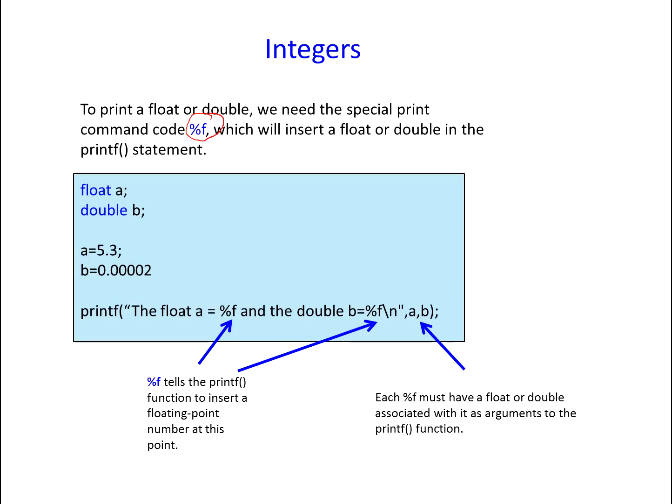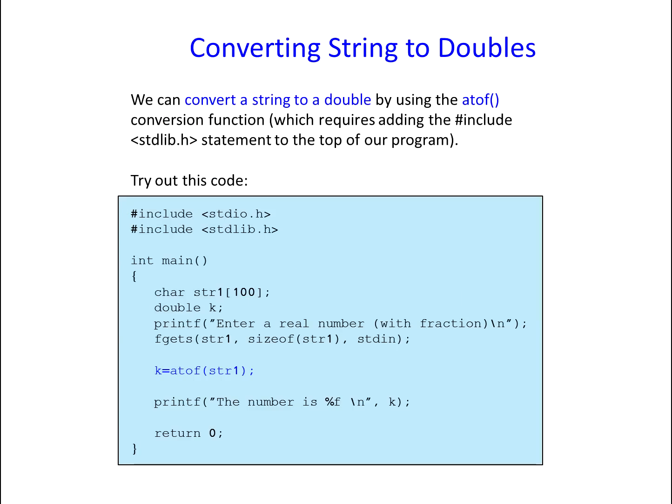It's the same for either one, and this is %f. So now we need to say A equals %f and B equals %f here, and now we tie the variables A and B. A will go with the first one, and then B goes with the second %f. This is how we can print out floating point numbers.